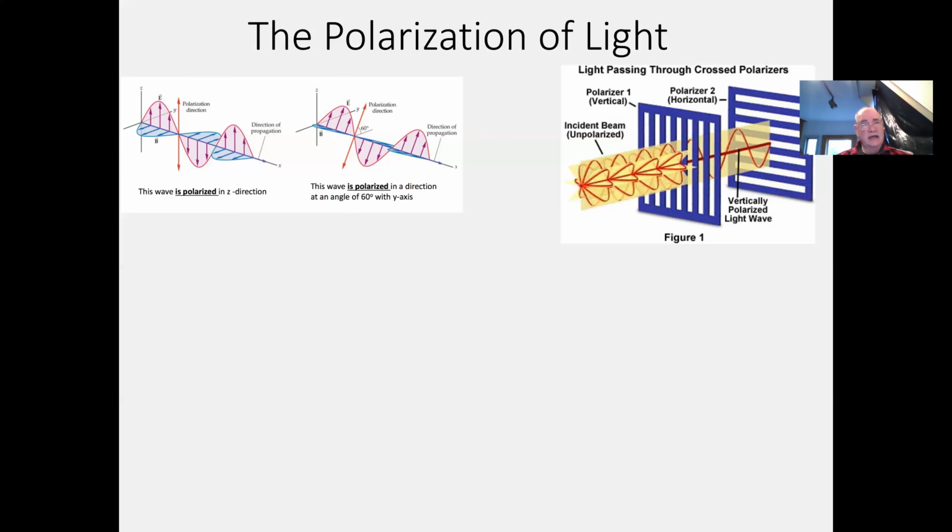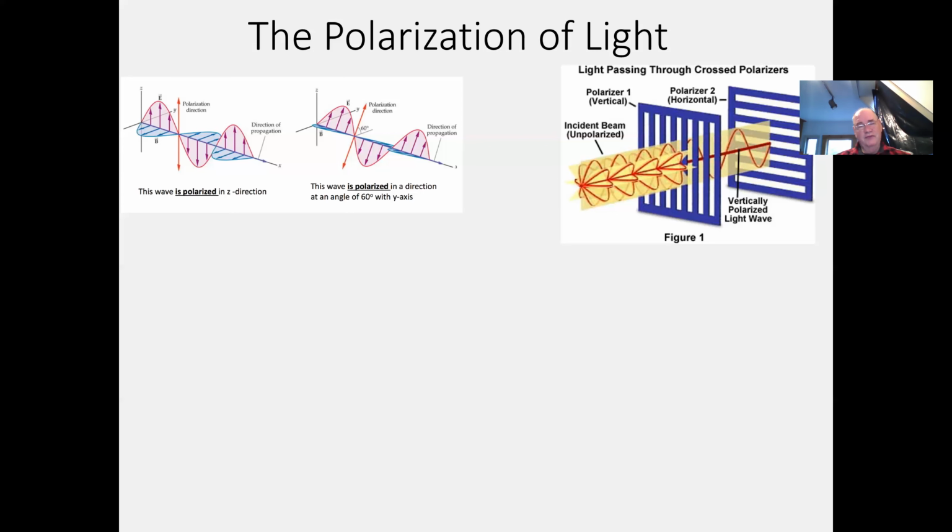You can filter that light using a polarizing filter. And that's what that first grid is there, the blue grid with the vertical bars. That's filtering out all of the orientations except for the vertical. You can have a very nice demonstration in high school physics class. You can take a second one of those polarizing filters and just turn it 90 degrees.